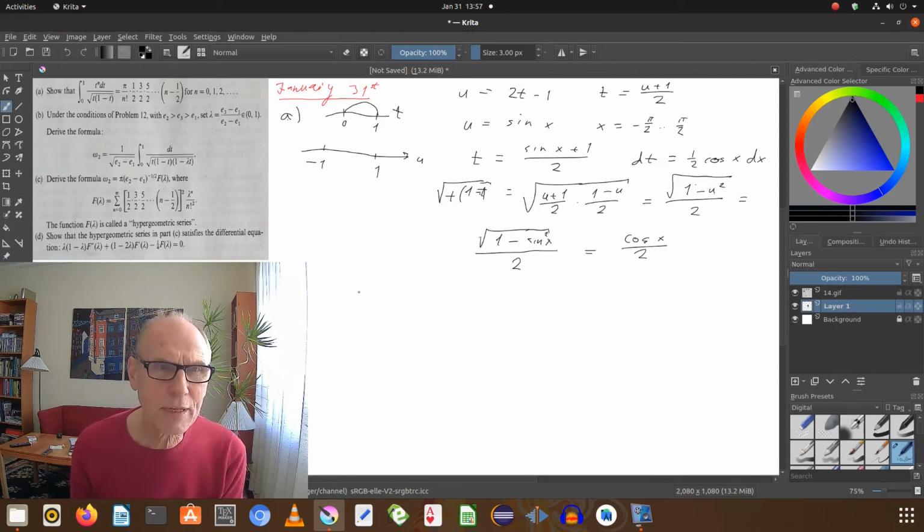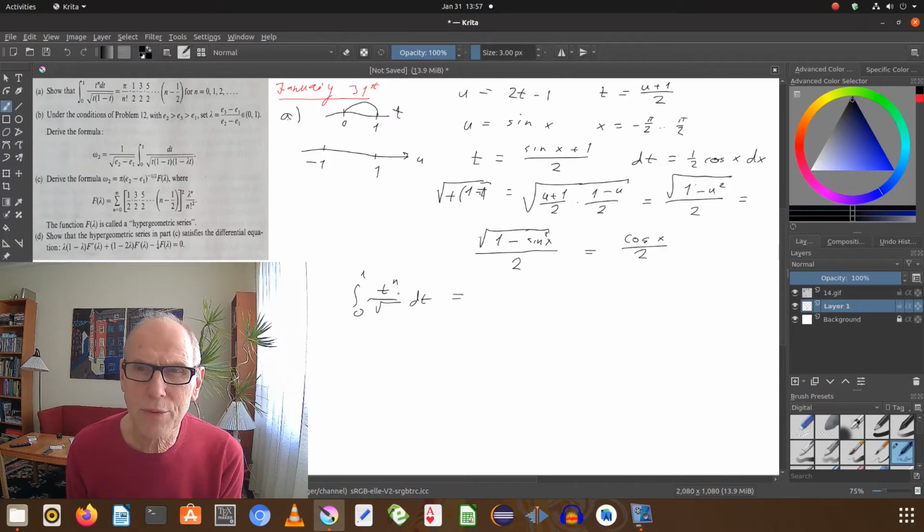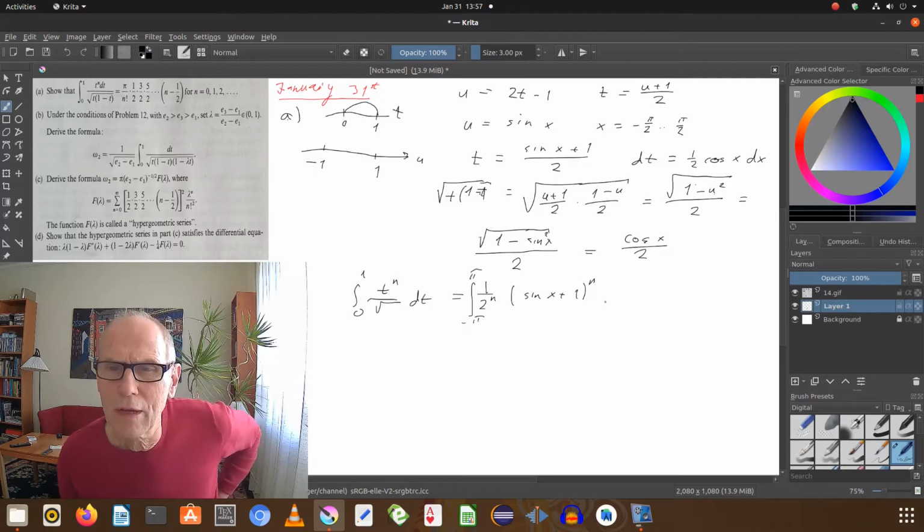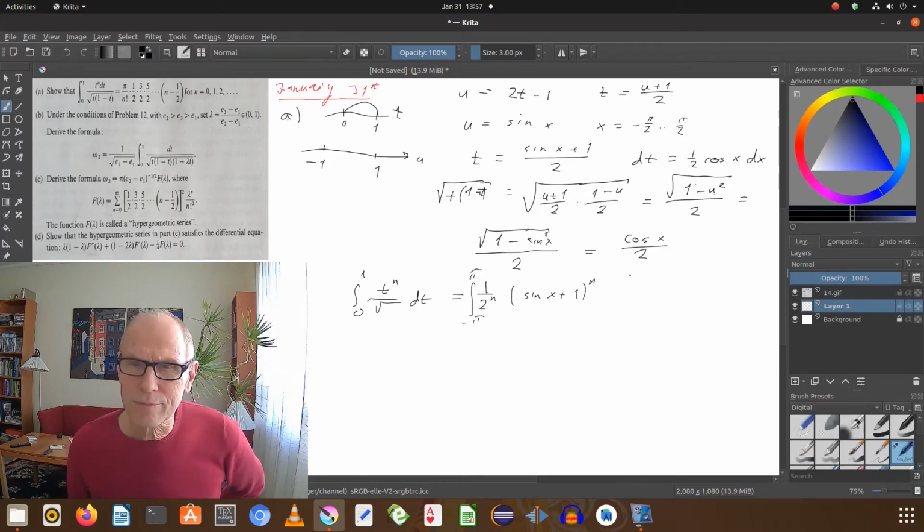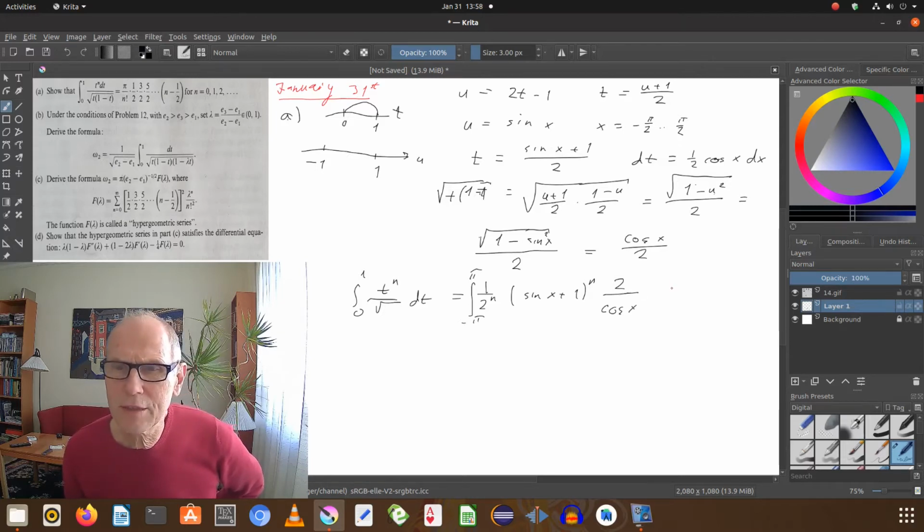Alrighty, so let's make the substitution. T to the nth, and the denominator we have here, that's 2 divided by cosine x, and dt is 1/2 cosine x dx.